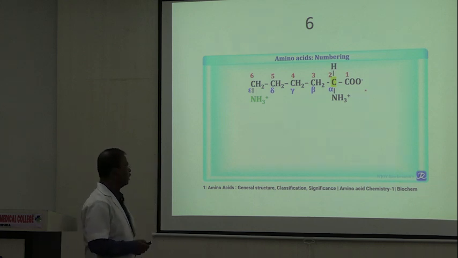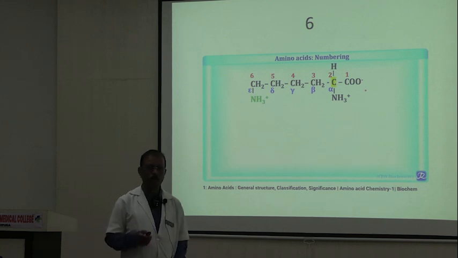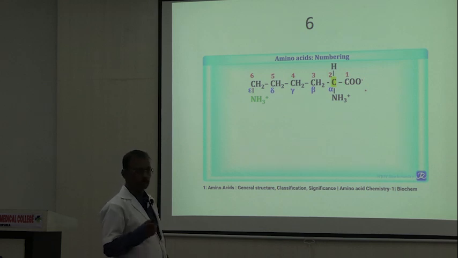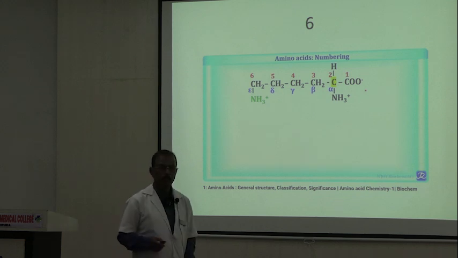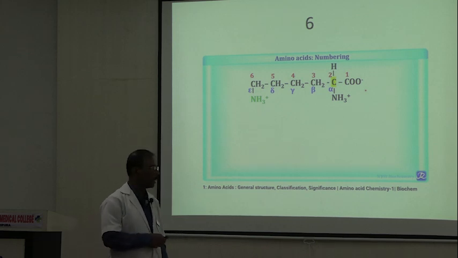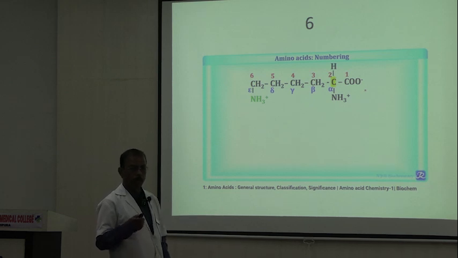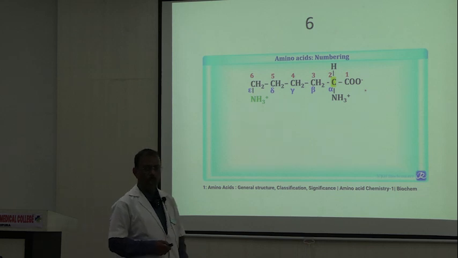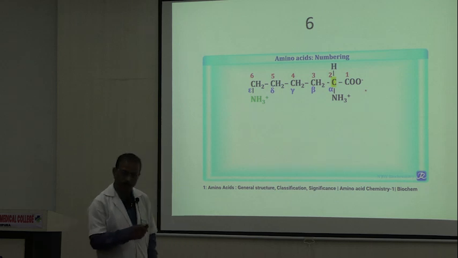But when we like to mention numbering of the carbon numerically, the carbon atom of the carboxyl group is numbered as 1 and the alpha carbon is numbered as 2. Like that, it will go on. So when we say carbon number 1, it means the carbon of the carboxyl group. When we say the alpha carbon, this is the carbon where the amino group and carboxyl group are attached. So these are two different carbons.